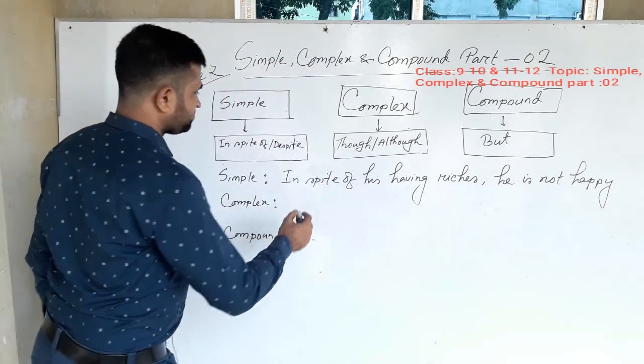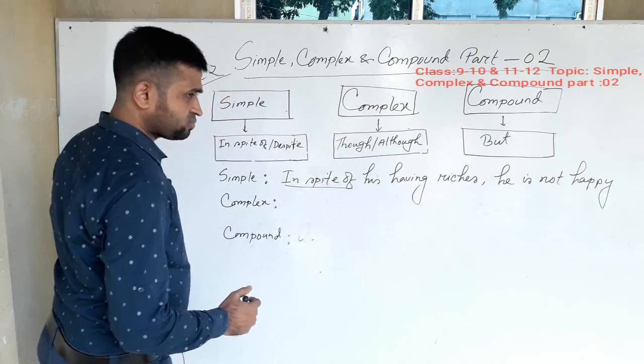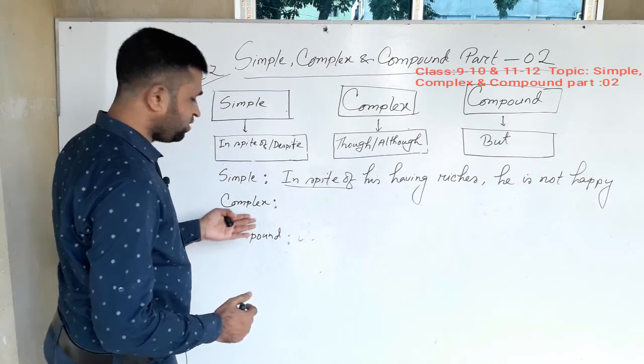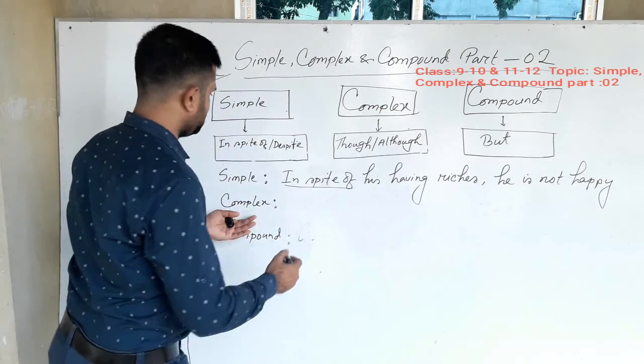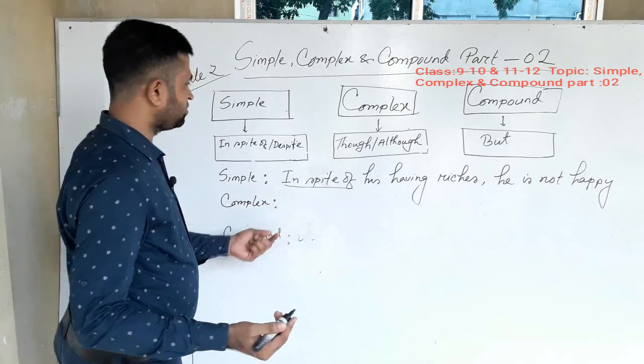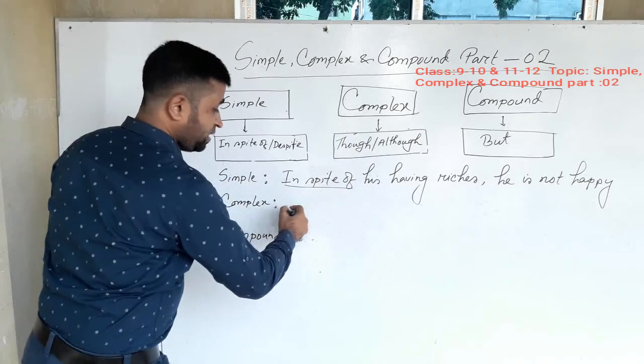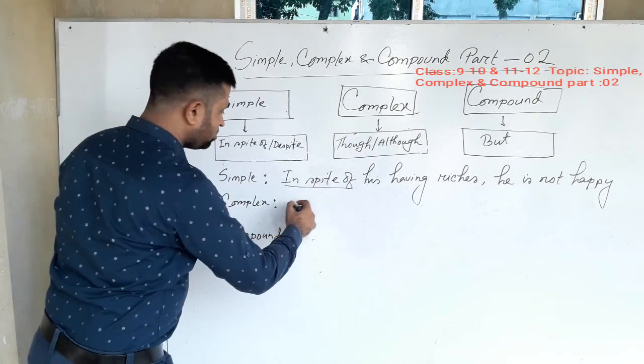Write down. Here you must delete it in the case of the complex sentence. What can be used now? Dear students, follow the complex sentence. At the very beginning of the complex sentence, you should write though, oblique, although.